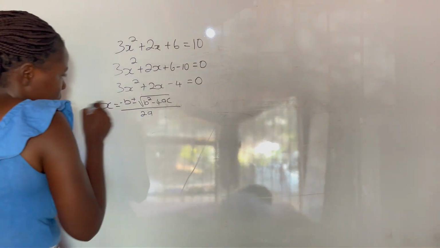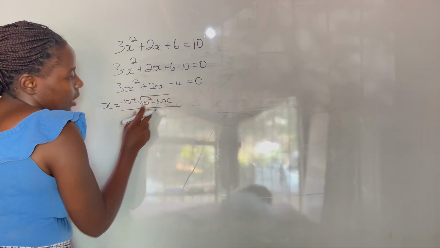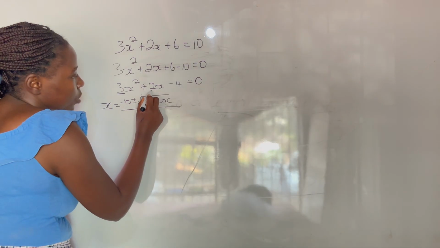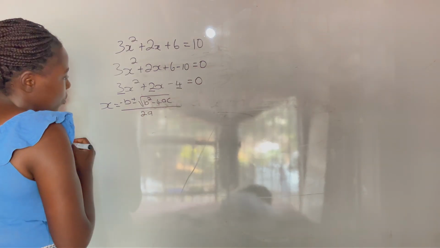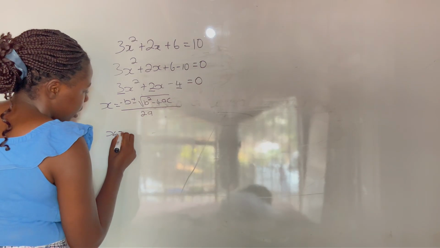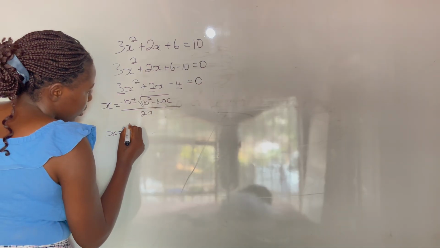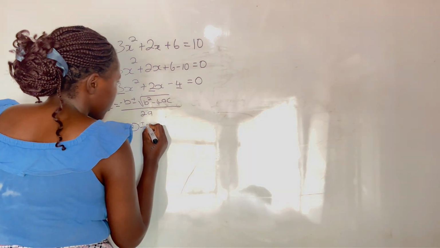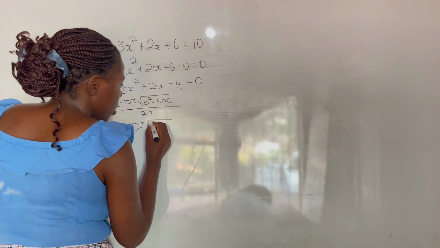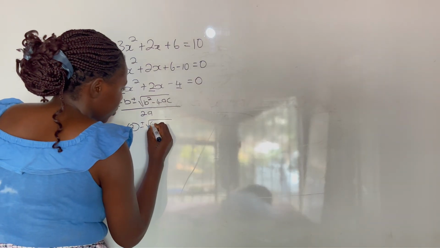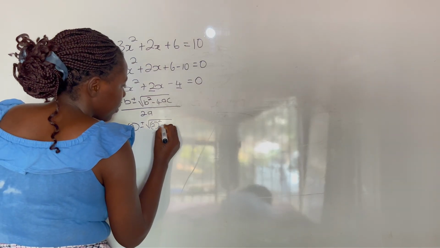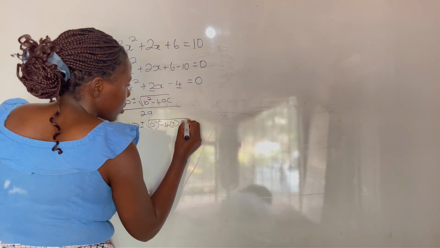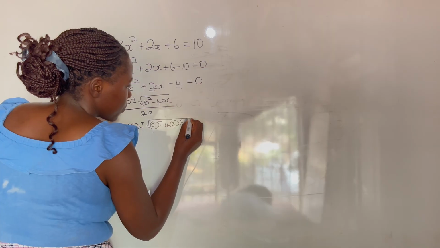Here we're going to substitute our a, b, c values. This is the a value, b value, c value. So x equals negative 2 plus or minus the square root of b squared: we write 2 squared minus 4, for a we write 3, for c we write negative 4.